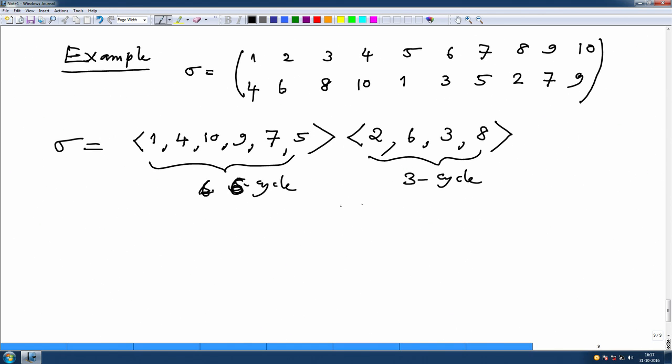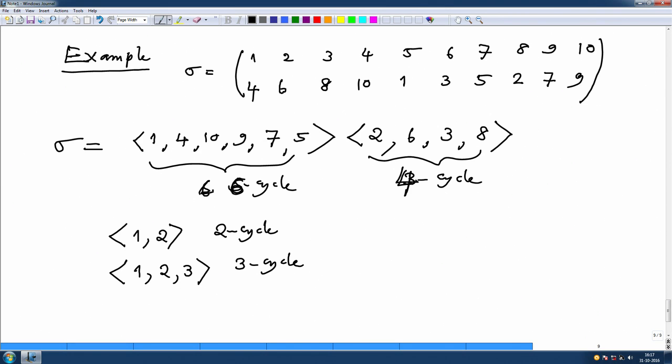That is our convention: the number of elements in the cycle gives its length. Remember, 1, 2 is a 2 cycle, and 1, 2, 3 has 3 elements, so it is a 3 cycle.